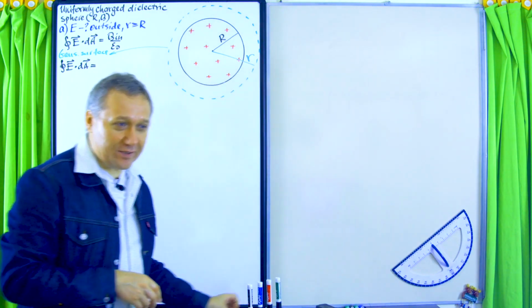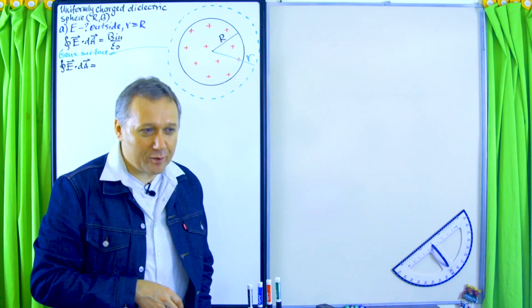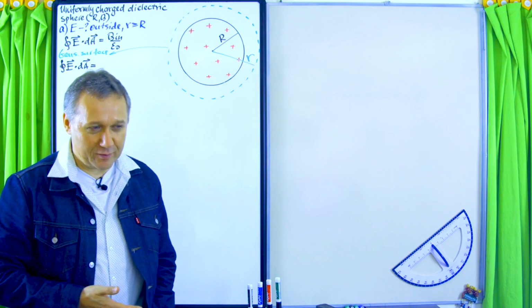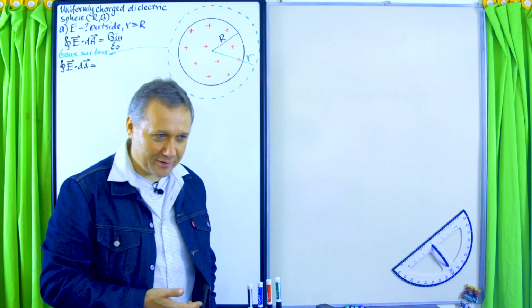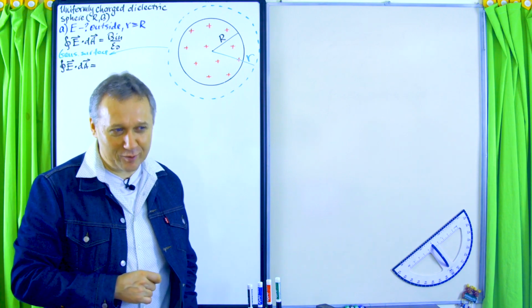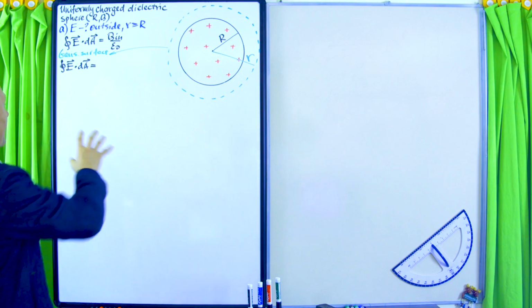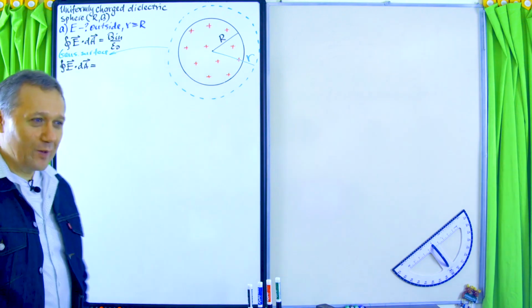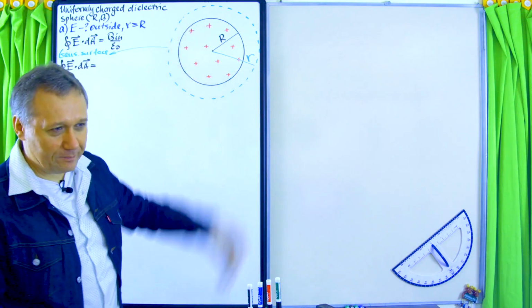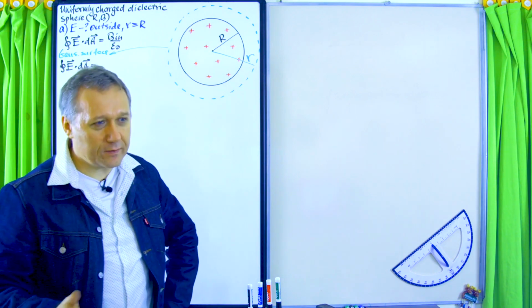We need to take this integral, which is again a calculus integral from the calculus 3 course. Of course, you don't know how to take these integrals, but nevertheless, we will still be able to take this integral. In order to take it, let's first draw all these vectors on a picture: electric field vector, area vector, and so on.